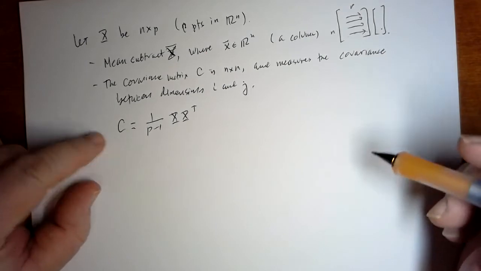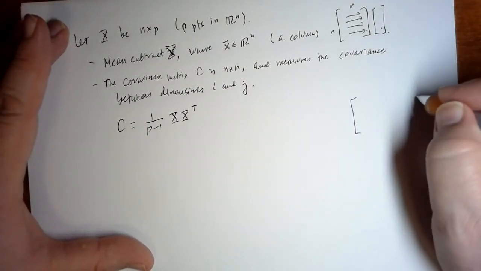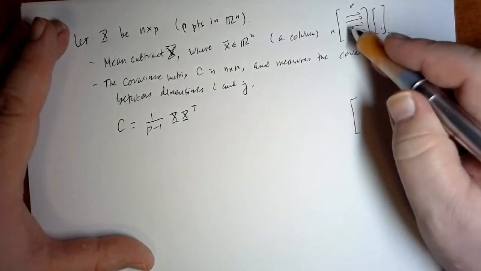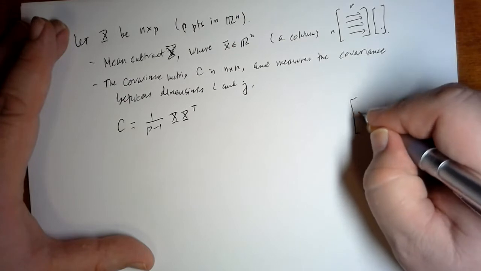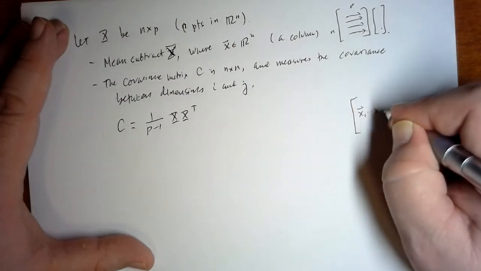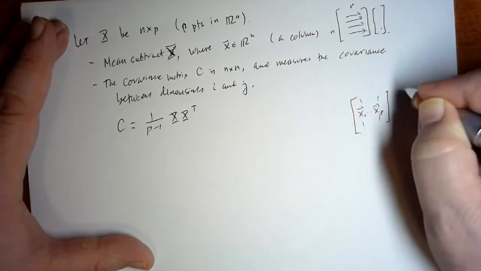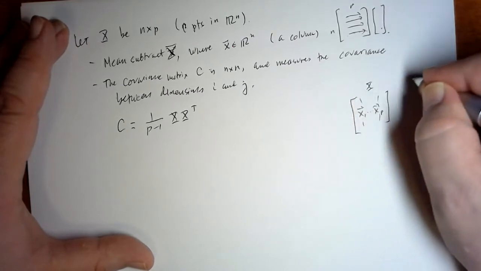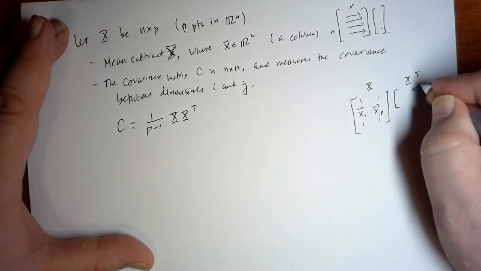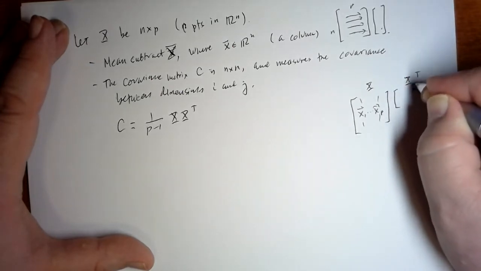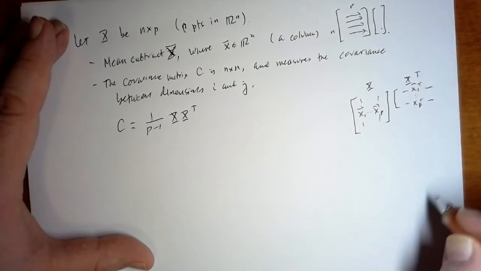But notice what this is. X is probably going to be a wide matrix if it's n by p, but that's fine. X would be like x1 through xp, being columns, and then X transpose would be x1 transpose through xp transpose.